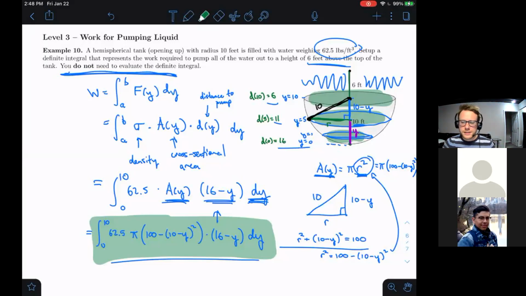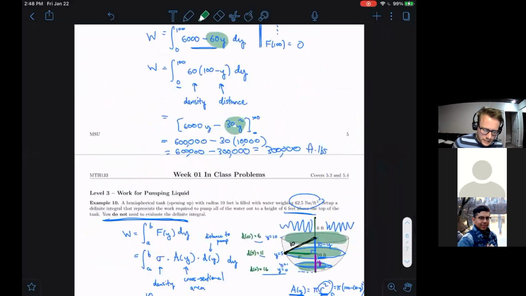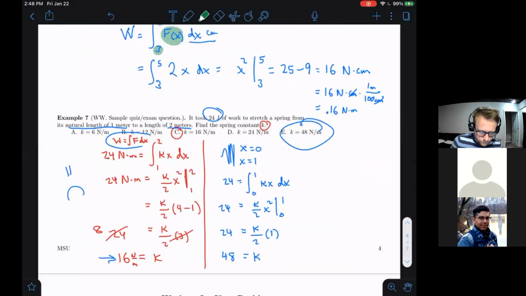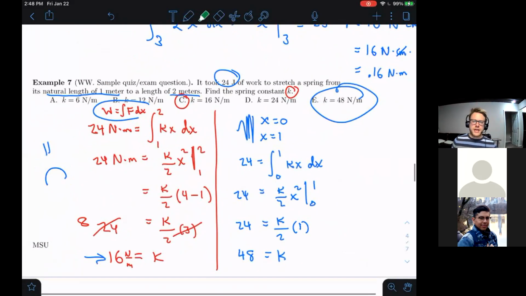Oh, hello. Can you hear me? Yes. I was just going to ask, there's this problem on the WebWork that gives you the density in, I think it is, newtons per meter squared. And then it asks you for an answer in joules, as far as I remember. Well, remember, joules is the same thing as newton meters. Is it? Okay. Yes. So we used that back up here. 24 joules is the same thing as 24 newton meters. Oh, okay.